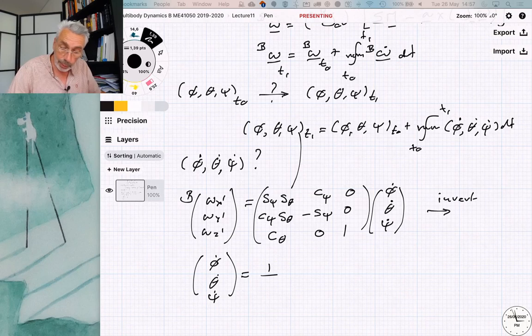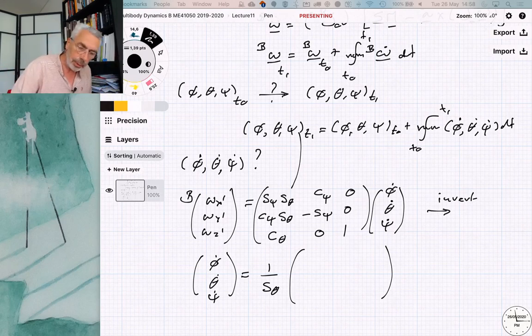So sine theta is the determinant, so it's 1 over sine theta. Then we have as entries all these subdeterminants. For this entry you calculate this one, for this you calculate this one, etc. Well, I won't go into it, and then something with a transpose. You can do it yourself.